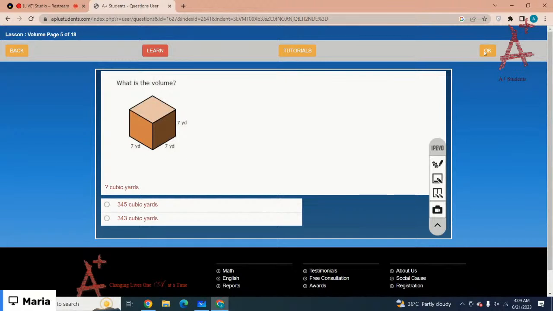So that is 7 times 7 is 49. And 49 times 7 is 343 cubic yards. The correct option is the second one.